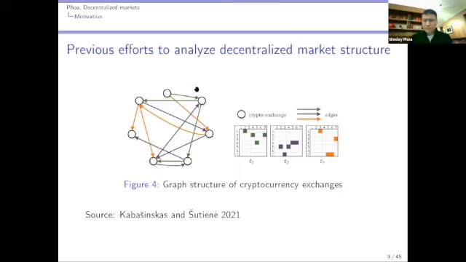There've been a number of previous efforts to analyze decentralized market structure. So there's a recent paper on cryptocurrency arbitrage, which uses kind of graph theory to look at arbitrage across different crypto exchanges.